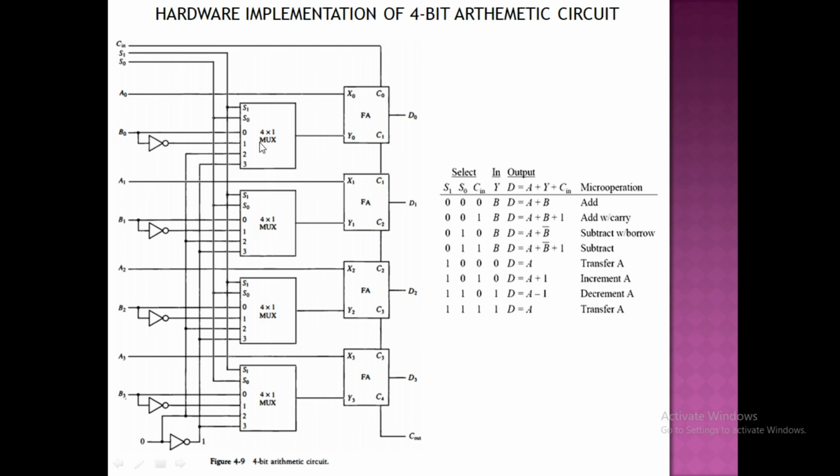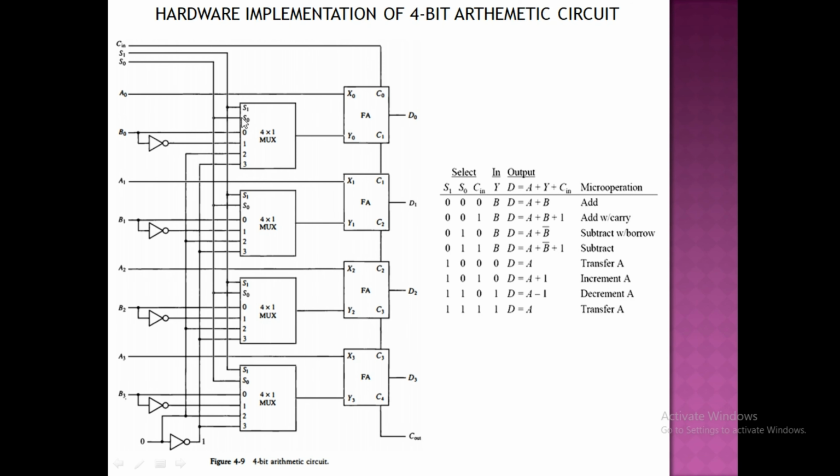And in a multiplexer we take 2 selection lines to select which operation has to be performed. When the selection is 0 0, it will select the 0 line, which is B0, as an input, and when the selection is 0 1 it selects B bar, which is the first pin, B0 bar.